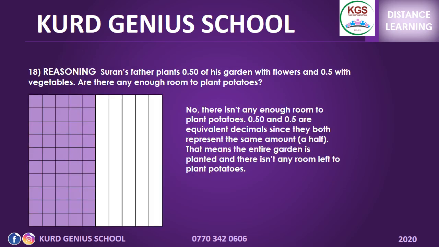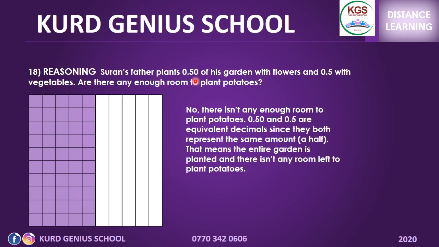Number 18, reasoning. Soranu's father plants 50 hundredths of his garden with flowers and 5/10ths with vegetables. Is there enough room to plant potatoes? So let's imagine together this square is the garden. Here it says 50 hundredths of the garden is planted with flowers. So imagine this side is the flowers.